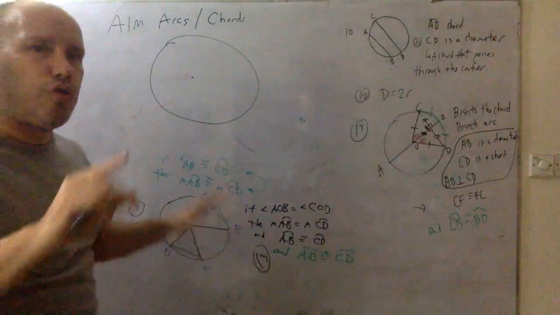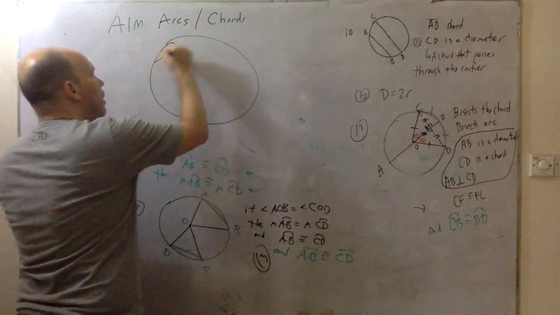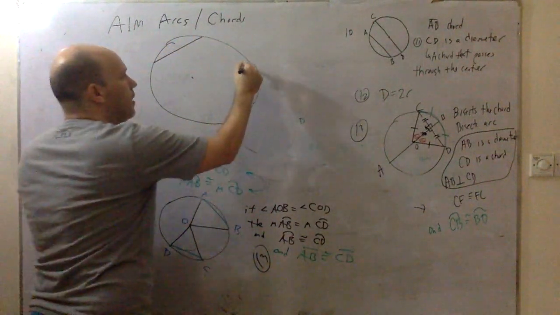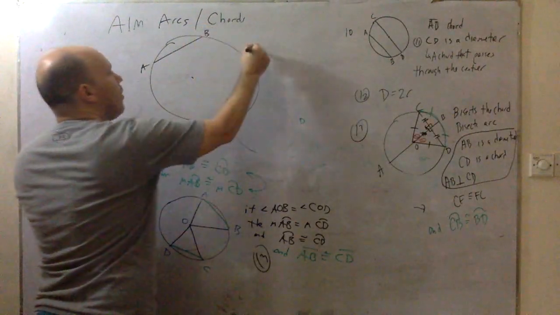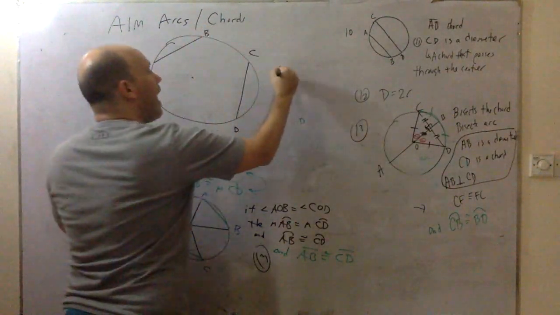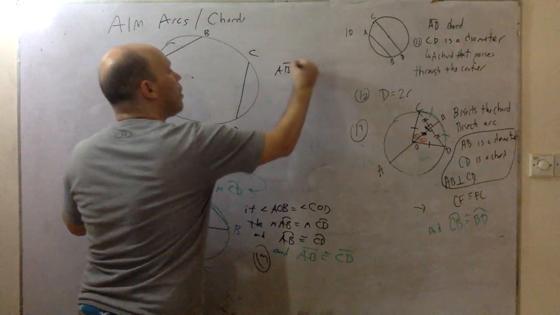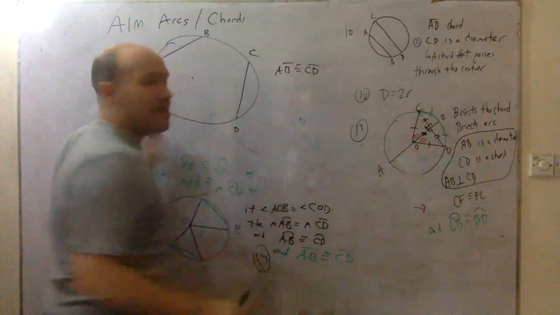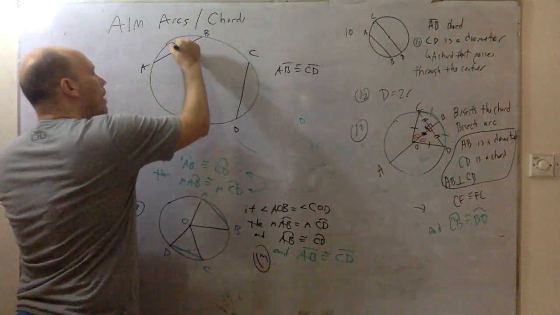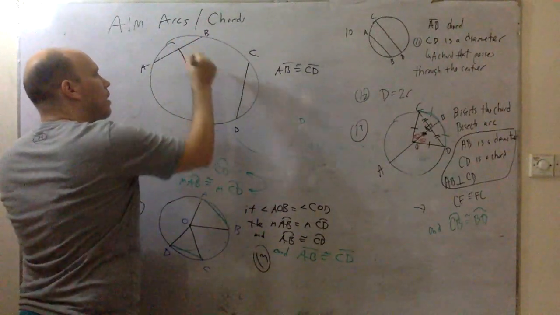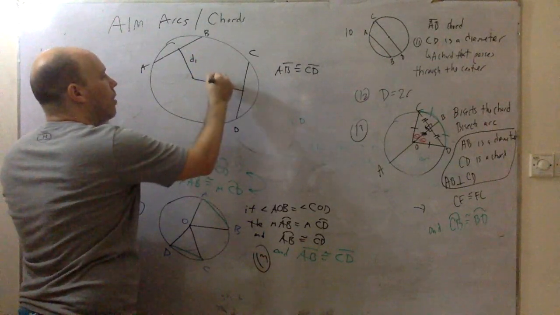You manage to put two congruent chords in the circle, like this. So we have AB, and you have CD, and we're told that AB is congruent to CD. Then, once again, this is a little esoteric. The distance from the center to each chord, this distance and this distance, are congruent.